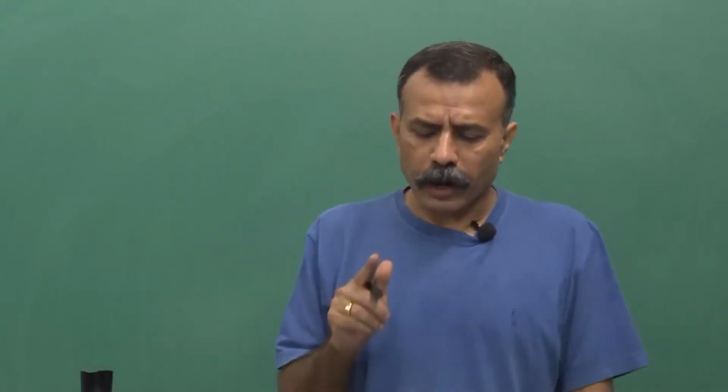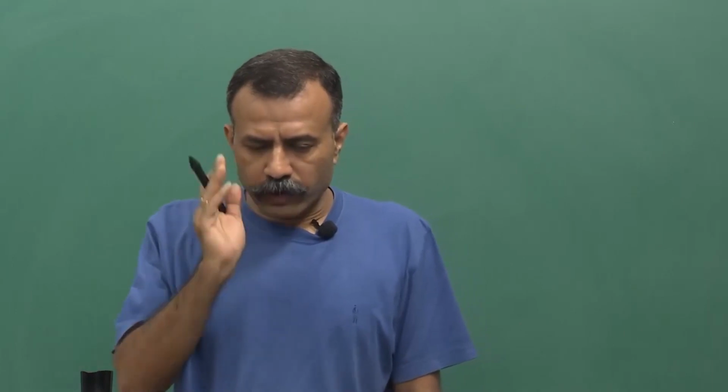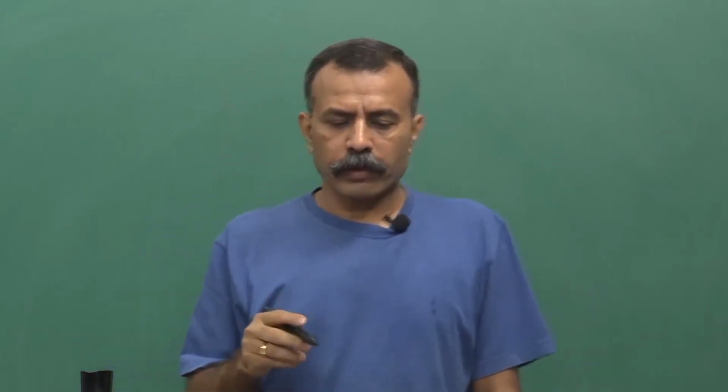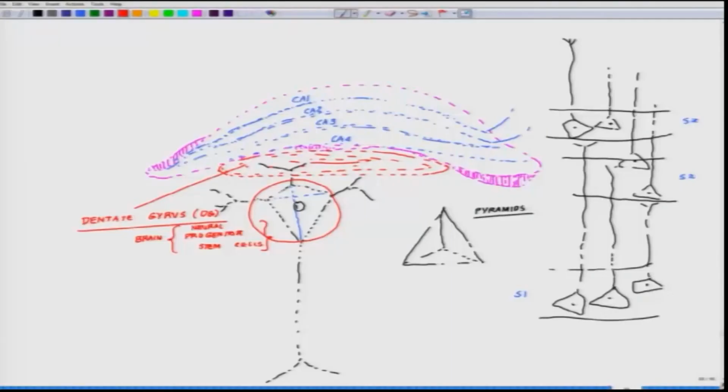But now coming back to where this whole discussion started, after giving you this anatomy, now I will move on to talk about what happens. There are three aspects we will be dealing with out here. One, we will talk about epilepsy with respect to this structure.